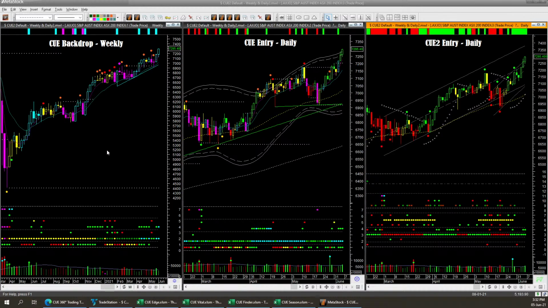As usual, I'm starting with a look at the global markets, starting with Australian index AXJO, looking at it using the weekly and 2 daily templates. The middle daily template is the Q standard daily template, and the right hand side daily template is the new Q template I released based on HSA like indicators.